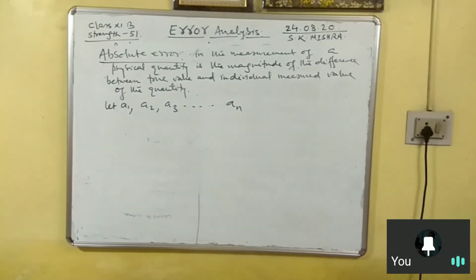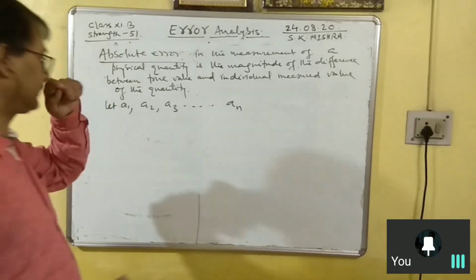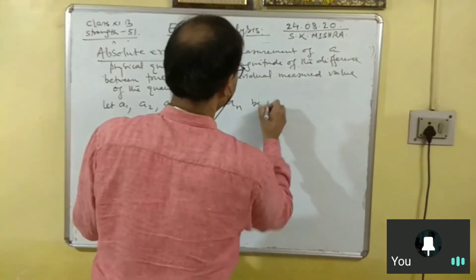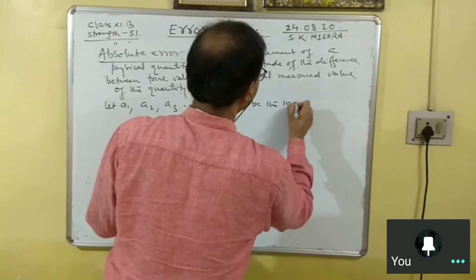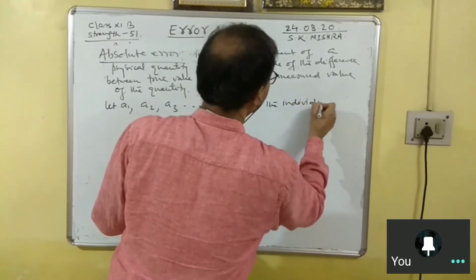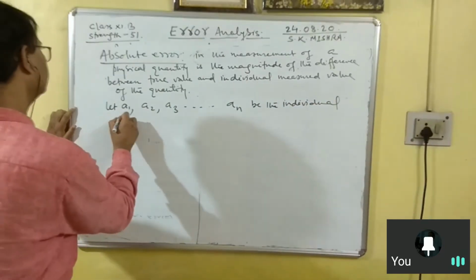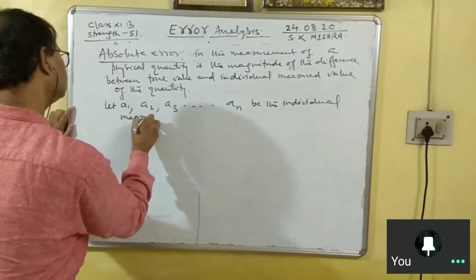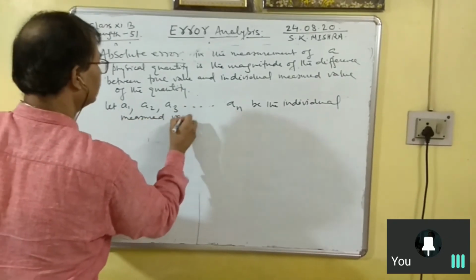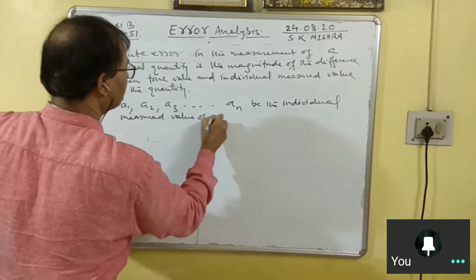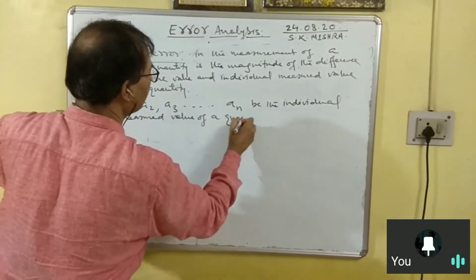So let A1, A2, A3, An be the individual measured values of a physical quantity.